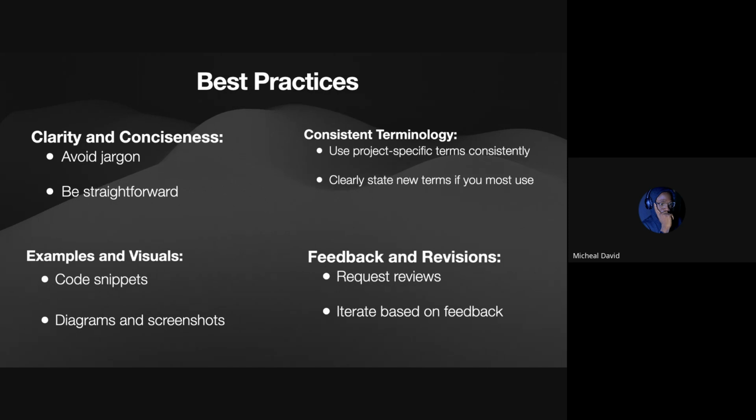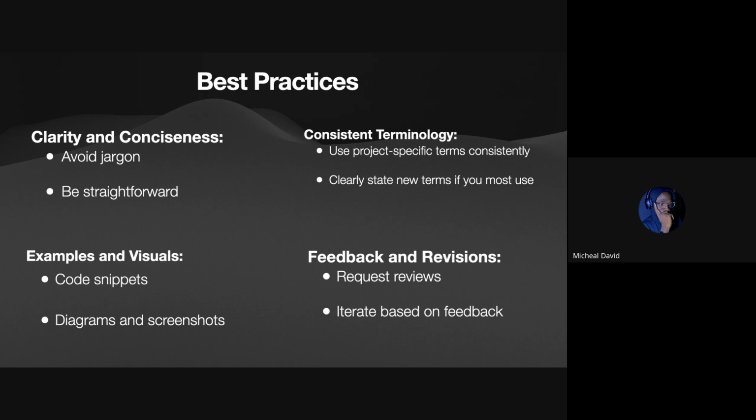So the next one is examples and visuals. So you want to provide examples and visuals to explain your documentation, right? Like diagrams, screenshots, and code snippets, like that, right? To explain your documentation.